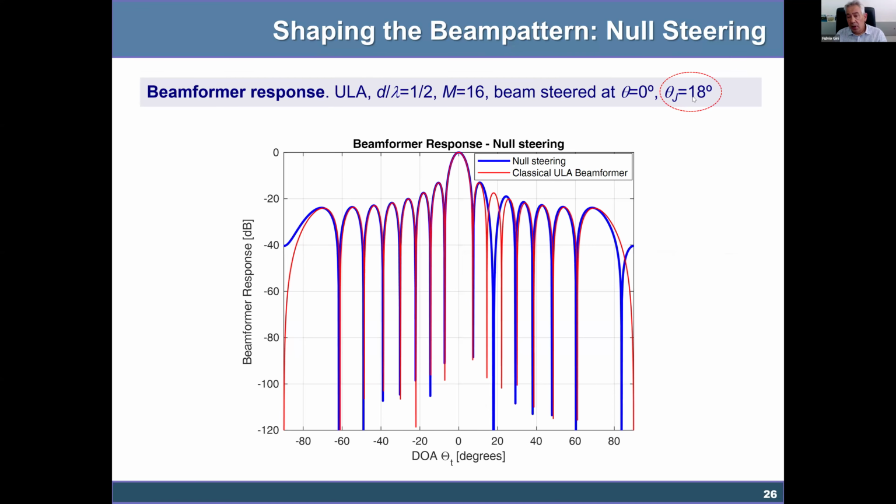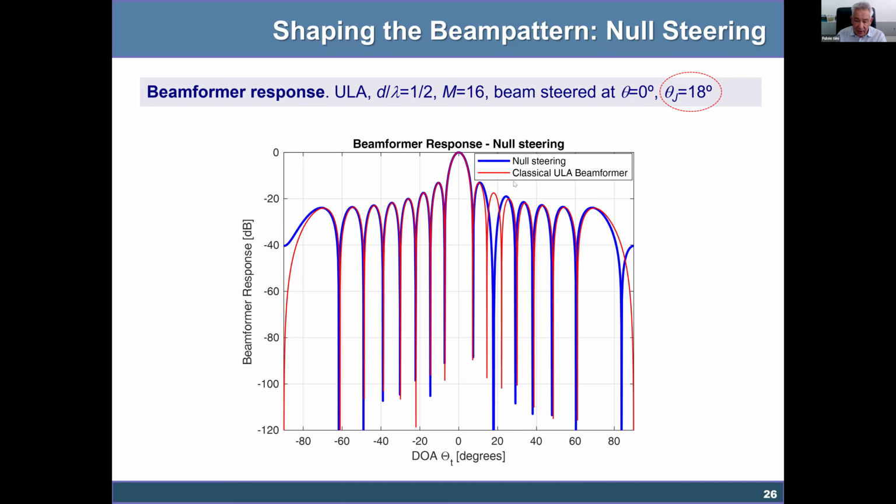So for example, if the interference is coming from 18 degrees, with the null steering technique, you can see you put a null at 18 degrees. So when you steer the beam in direction 0 degrees, the interference is cancelled, so it does not affect the measure of the signal that comes from 0 degrees.